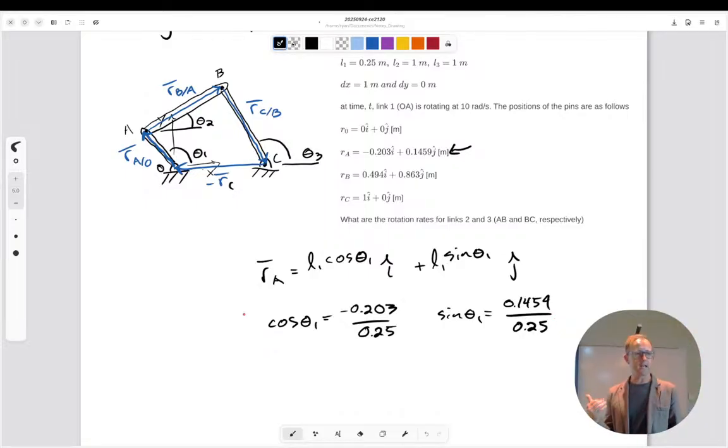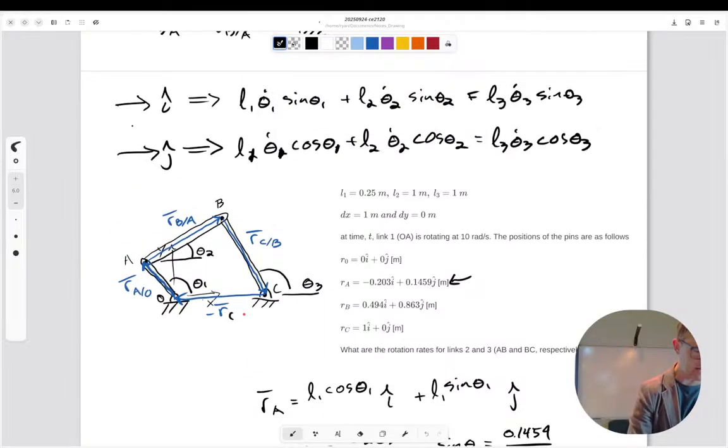So really, I can do the trig to figure out what theta 1 is and then plug it back into sines and cosines. But at the end of the day, I need sine and cosine to plug into my equations anyway. So I could shortcut if I want.